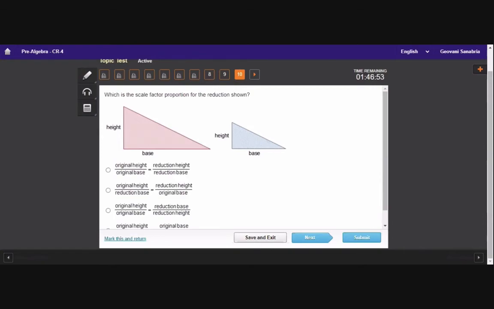All right. Let me see this one. Which is the scale factor proportion for the reduction shown?